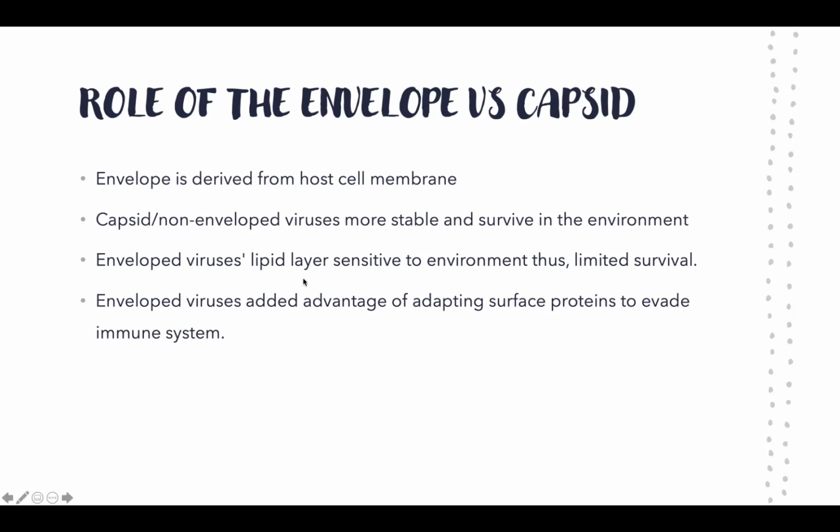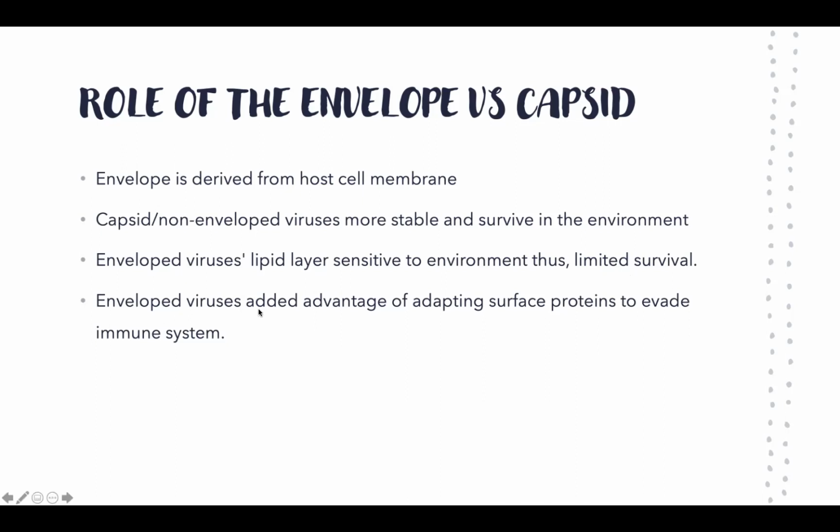The lipid layers are more sensitive to the environment, such as heat, and thus have limited survival, and therefore rely on other routes of transmission, such as bodily fluids or blood products, sharing of needles, and those sorts of things.